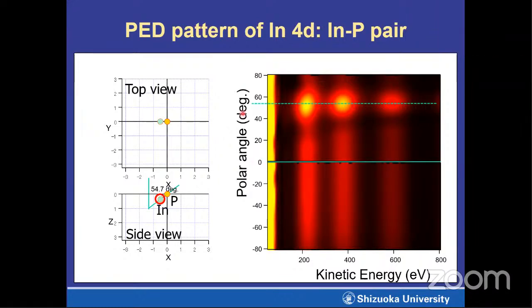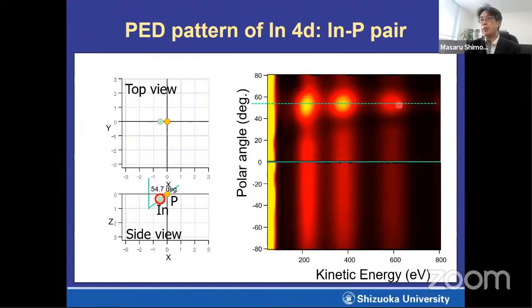Maybe you notice the three spots, three high intensity positions. This polar angle corresponds to the indium-phosphorus angle of 54.7 degrees, just like this one. Also, depending on the indium-phosphorus distance, we observe a wavy structure along the kinetic energy scale.